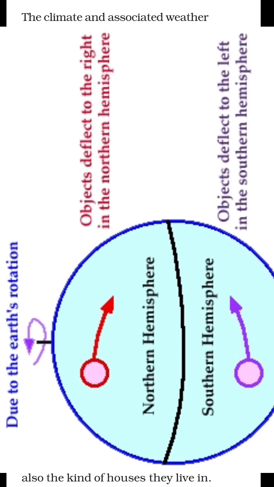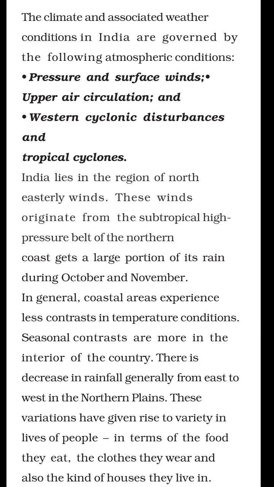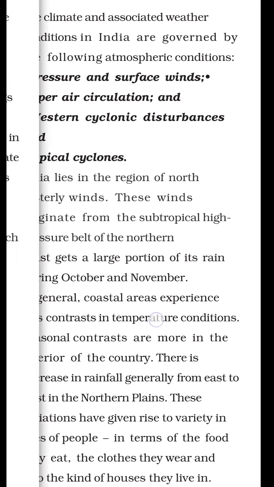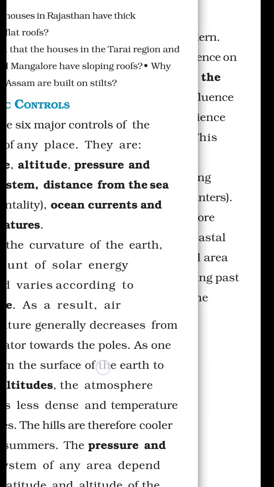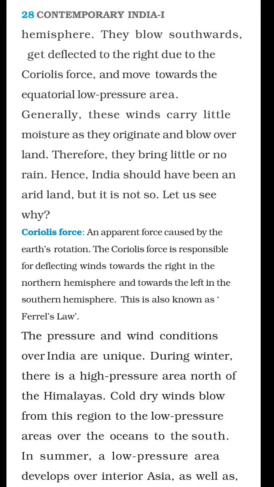The air circulation which blows gets deflected to the right due to this force and moves towards the equatorial low pressure area. Whenever the jet stream or the streams flow towards these areas, they are deflected.